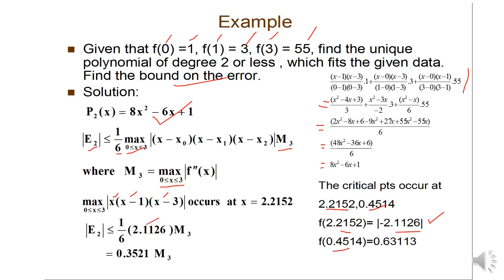So we substituted this value. So |E2| is less than 1/6 times 2.1126 times M3. So this is our bound on the error.